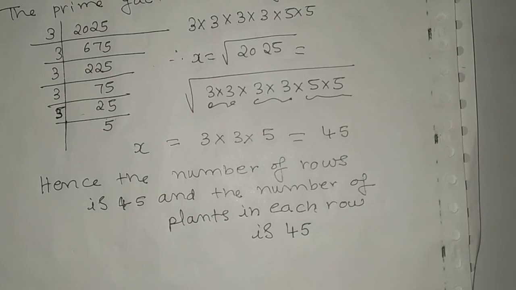So the number of rows is 45 and the number of plants in each row is 45. So this is the solution for the 8th problem.